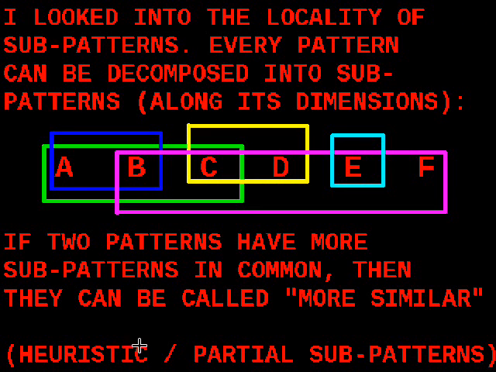It is, by the way, possible to even just look at this whole idea in a heuristic way, where you're just looking at partial sub-patterns, where you say, let's say, I'm interested in 1/3 of the patterns, or 10%, or only patterns of a certain length or size. Still, looking at the sub-patterns is going to give you a pretty good idea of how similar two patterns are.